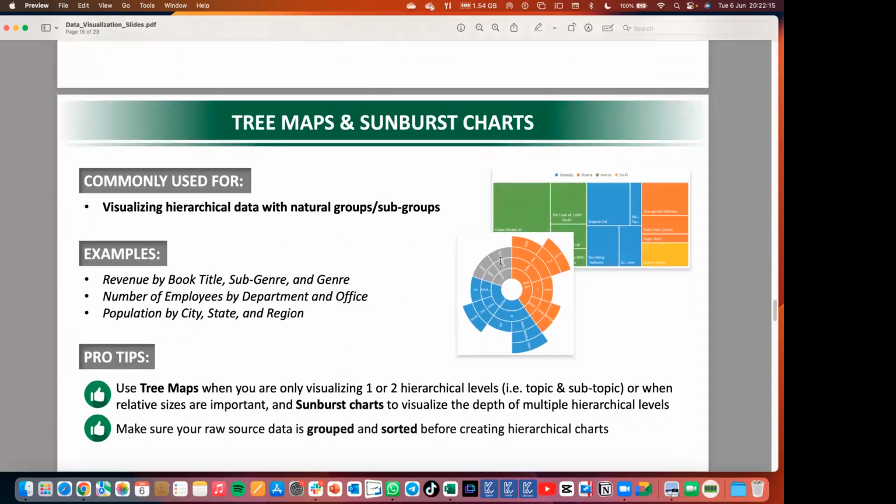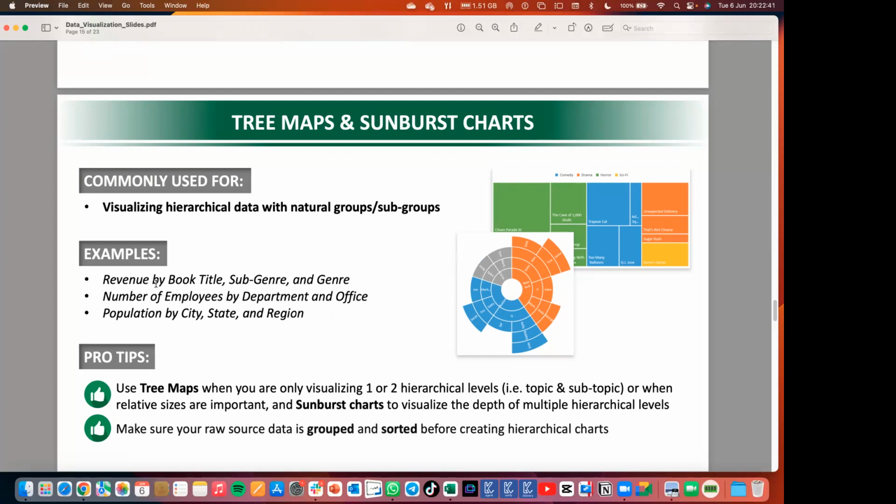Now, we have the tree maps and the sunburst charts. The sunburst chart is not widely used in Excel, but you'll find it on some websites where it explains a lot, like you see here in the examples. In other words, it visualizes hierarchy data within natural groups.